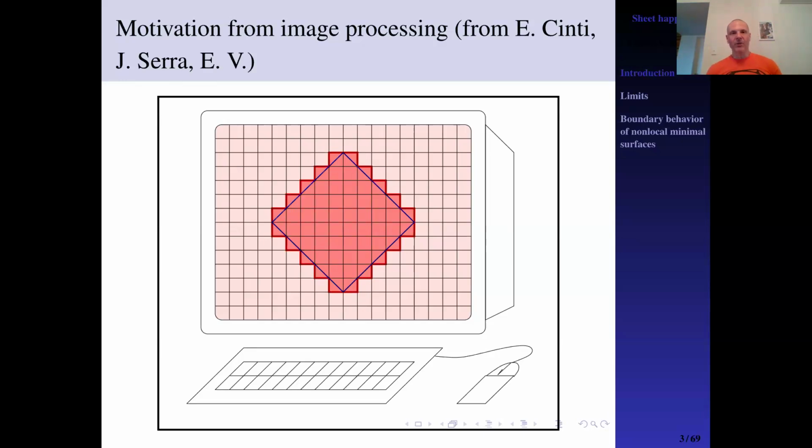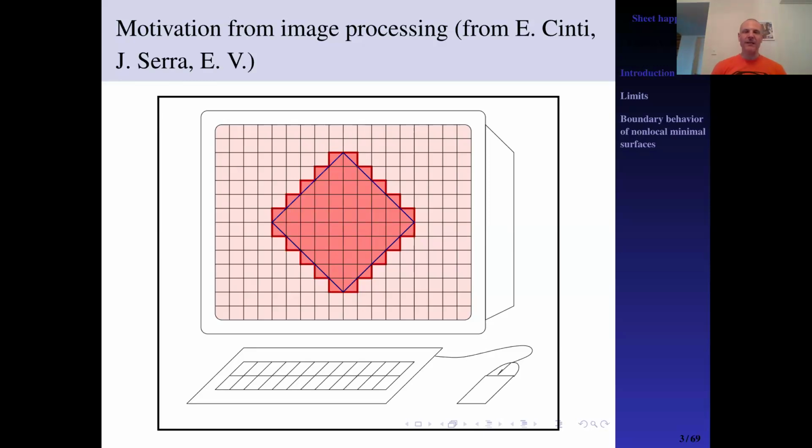But among the motivations, let me show this one that was described in a paper with Eleonora Cinti and Joaquim Serra a while ago. So suppose that you want to compute the perimeter of a square. This seems a triviality, but you want to do it with a computer because nowadays we are too lazy, we don't do calculations anymore.